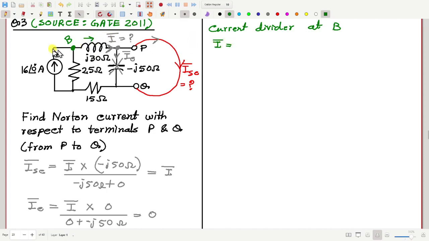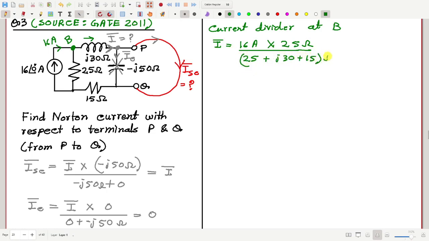I will be this total current of 16 ampere multiplied by, here we have two possible paths, the impedance of the other parallel path, 25 plus J20, divided by 25 plus 15 plus J30 plus 15.